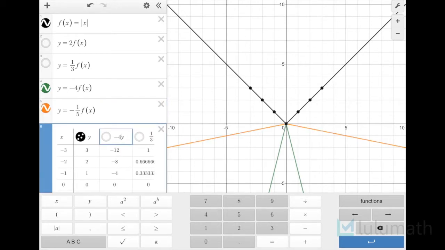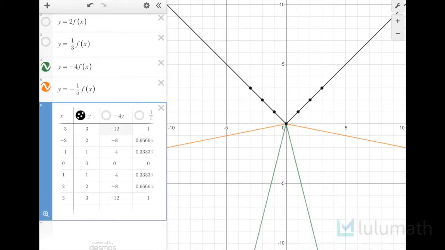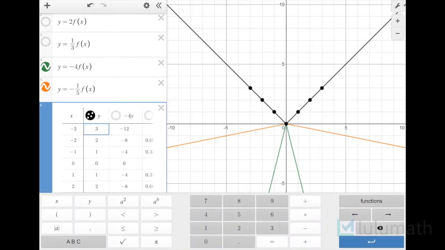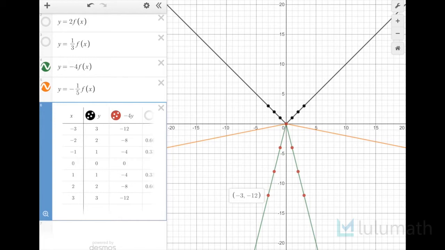So let's put in -4 times y because that's what this equation says. Y equals -4 times f of x. So if you see, I would take all of my y values and multiply them by -4. So instead of 3 right here, we now have -12.